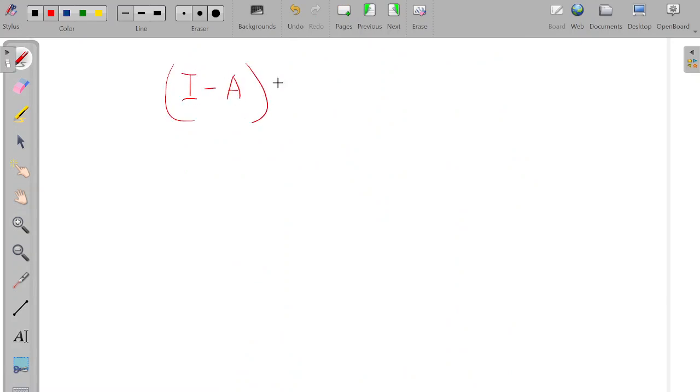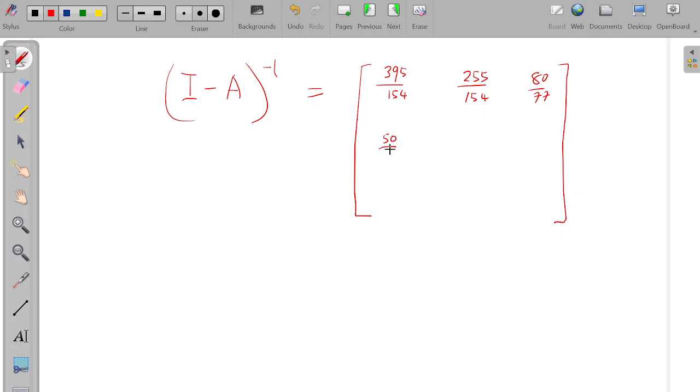Now the inverse of that, after reducing, becomes 395 over 154, 255 over 154, 80 over 77, 50 over 77, 120 over 77, 30 over 77, then 5 over 7, 5 over 7, and 10 over 7. Okay, that is our I minus A inverse.